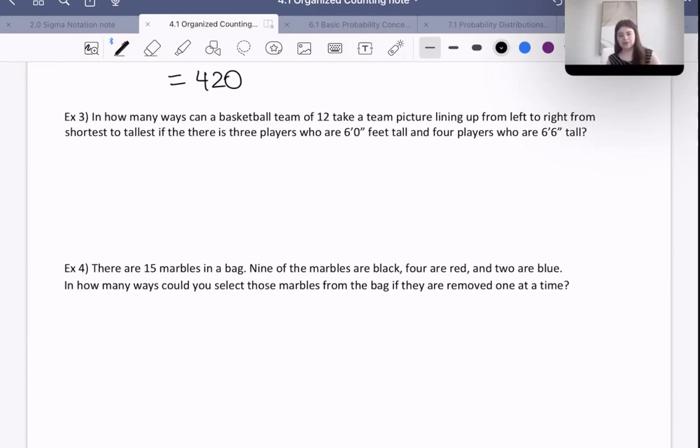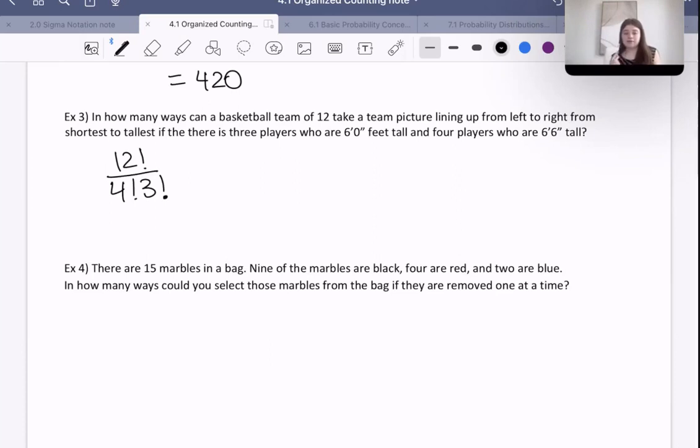Or same with the 3 people who are 6 feet, they can arrange themselves however they'd like amongst themselves, and they are still going to be there, right? So to do this, we would say 12 factorial over 4 factorial, 3 factorial, right? Because the 12 factorial is how many ways we can arrange 12 basketball players overall, right?